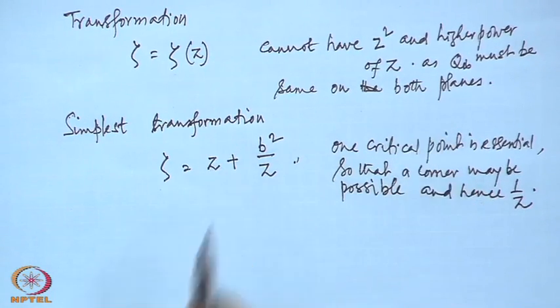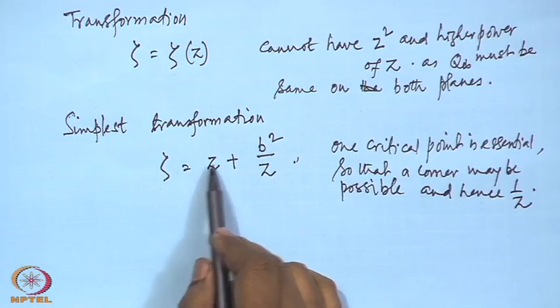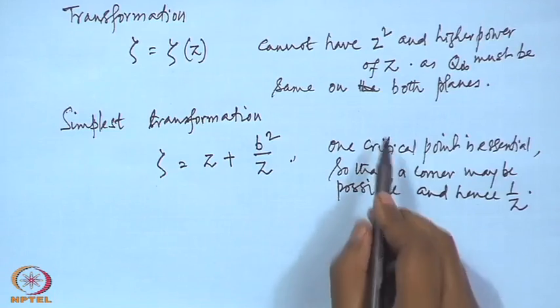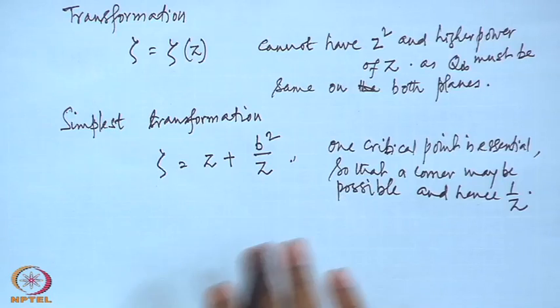These are the two reasons why our transformation is like this. This is of course not possible, we cannot have z square or anything. Here we could have 1 by z square and so on, but they will give more critical points and we are not interested in that. So, we are taking the simplest case, and also we do not want to make it complicated.